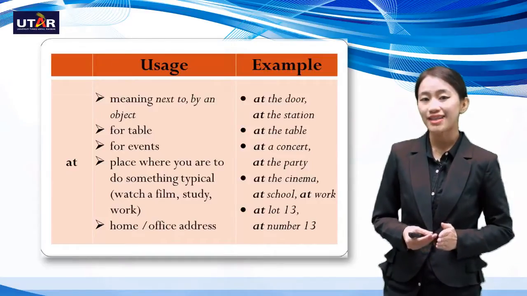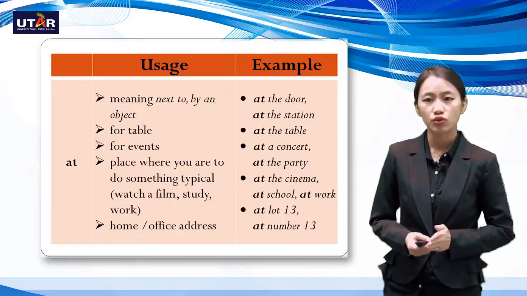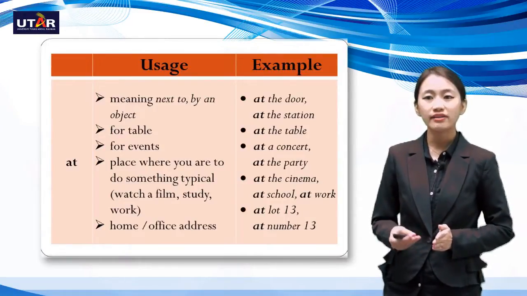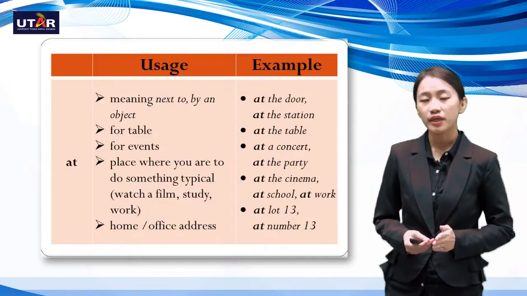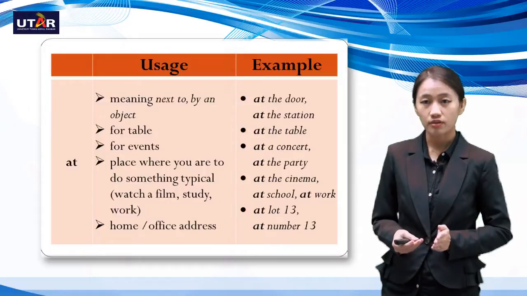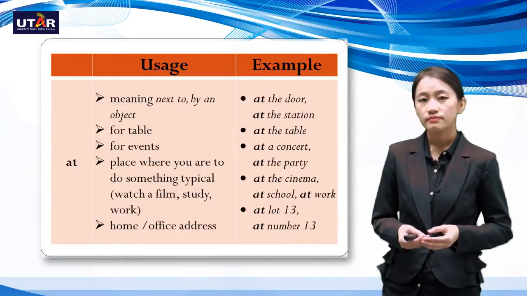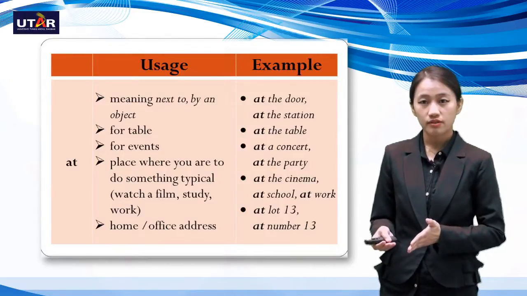When we use at for position, it basically means next to or by an object. For example, at the door or at the station. It can also be for table, meaning that a certain object is located at the table.